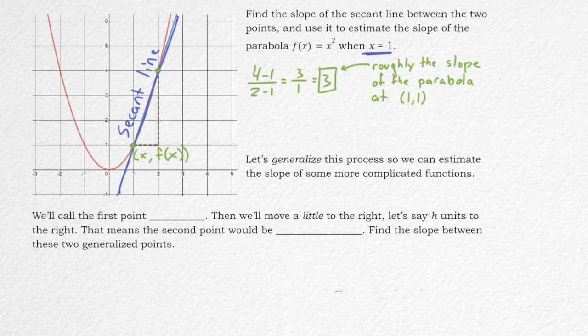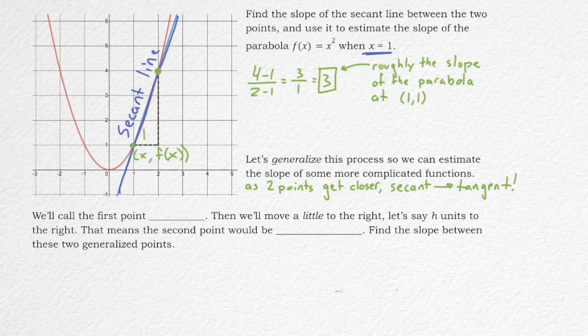Now I also have to label the second point, and this is kind of the weird abstract part of all this. Imagine these 2 points getting closer and closer to each other on the parabola. What would happen is as the second point gets almost exactly to where the first point is, the secant line would basically become the tangent line. So we could say as the 2 points get closer, the secant becomes the tangent. So all of that to say, I want the second point to be really close to the first point, x.